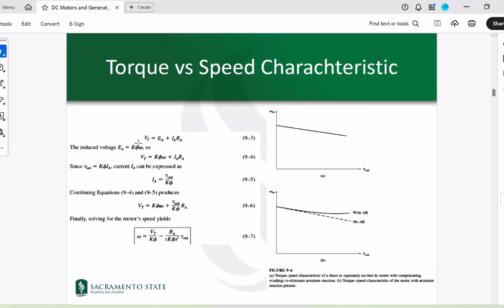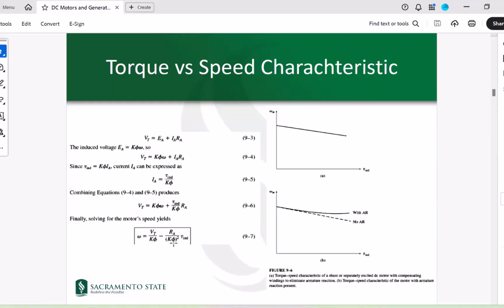Now, this means that equation 9.3 can be expressed in terms of phi, tau, and the K constant of the machine, which gives you, if you solve for omega, this equation. If you look at equation 9.7, you will see that if we assume that Vt and Ra are constant, K is also constant.